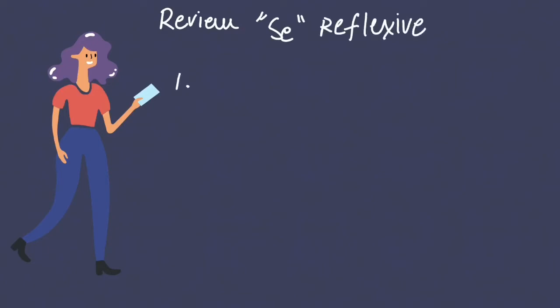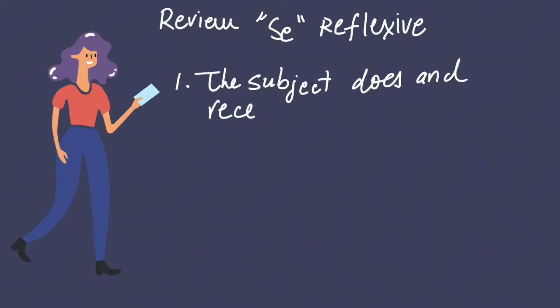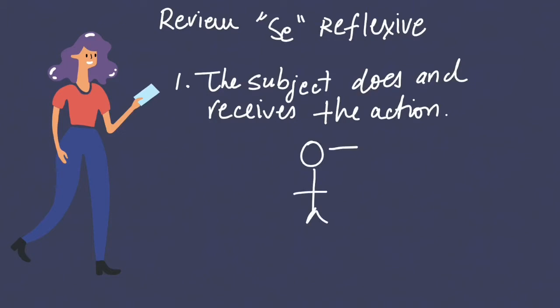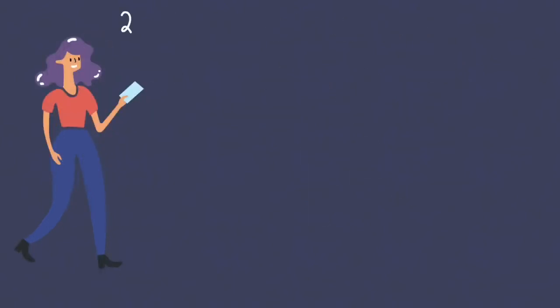So number one, remember that a reflexive verb is when the subject does and receives the action, which means that the subject is the doer and the receiver or the object.